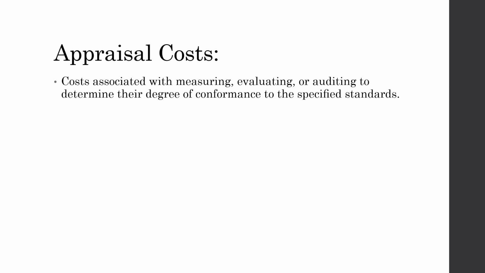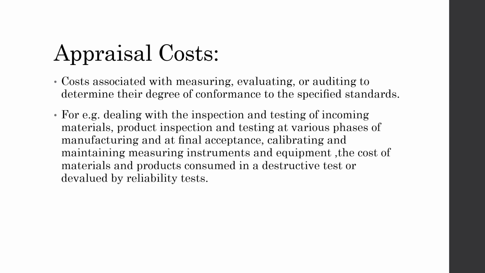Now, we will look at the various costs of non-conformance, the first of which is an appraisal cost. Now, appraisal costs are those associated with measuring, evaluating, or auditing products, components, purchased materials, or services to determine their degree of conformance to the specified standards. Following are some of the examples of appraisal costs.